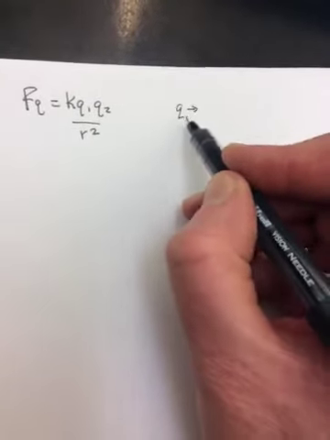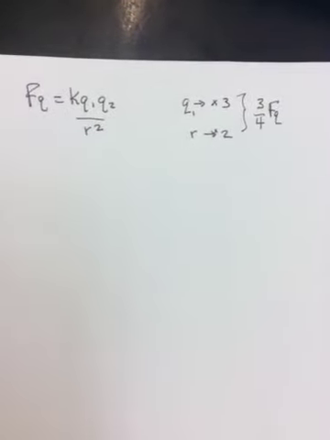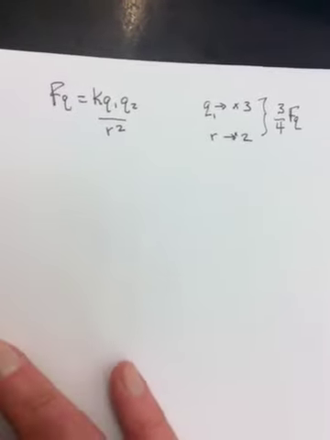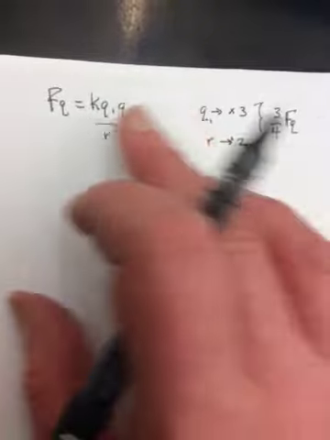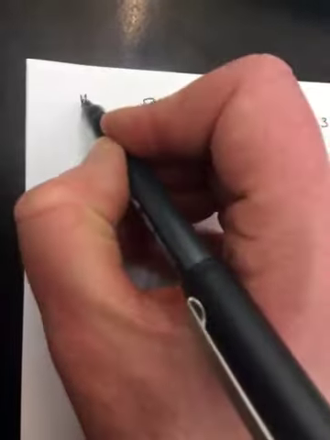F_Q should get smaller by a factor of 4, so these together should mean the new F_Q will be 3 times bigger but 4 times smaller, so it should be 3/4 the original one. Okay, so we don't really need numbers to do that. We can just do it by looking at the equation. All right, so that's number 1.